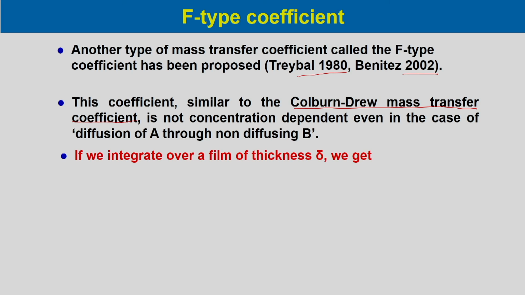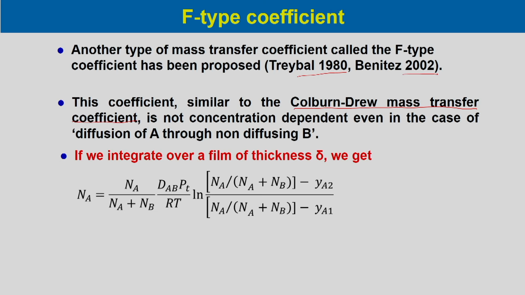Now, if we integrate over a film of thickness delta, from this F type mass transfer coefficient we can obtain Na would be equal to Na by Na plus Nb dAb Pt by Rt ln Na divided by Na plus Nb minus Ya2 divided by Na plus Nb minus Ya1.